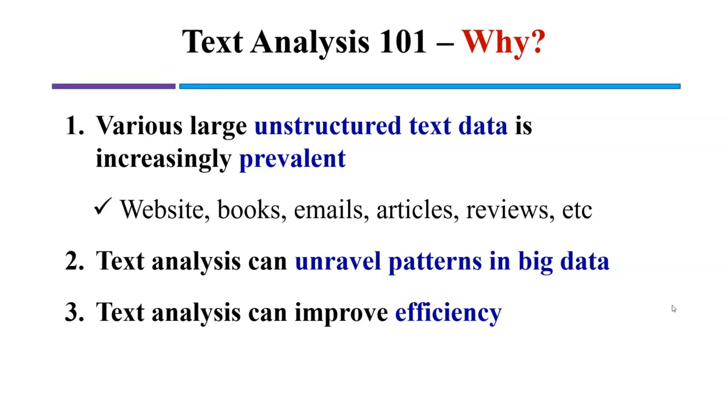If I want to do 1,000 or 2,000 or 10,000, then that will be very labor intensive. So with this quantitative machine learning method, if you can write code, you can use computer science, and then you can increase the efficiency.